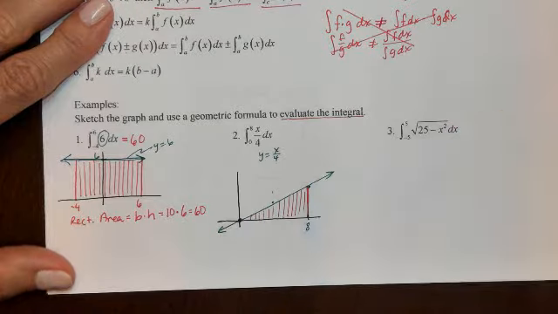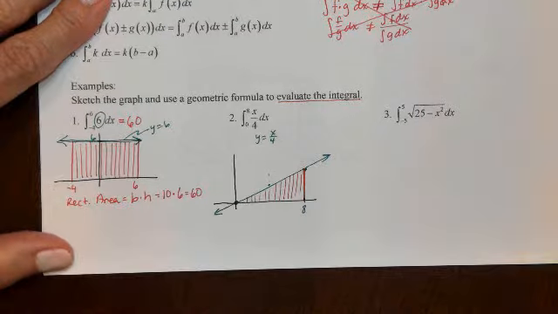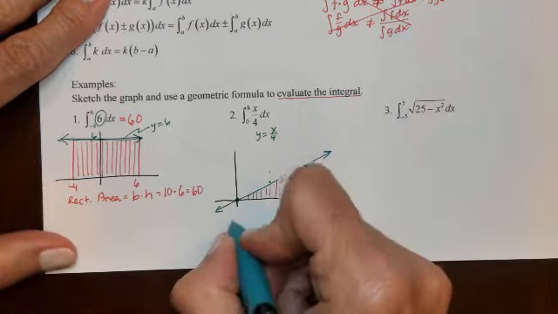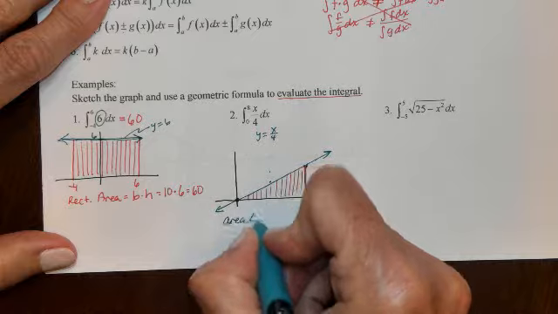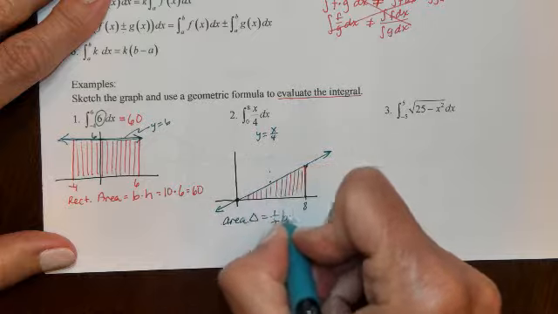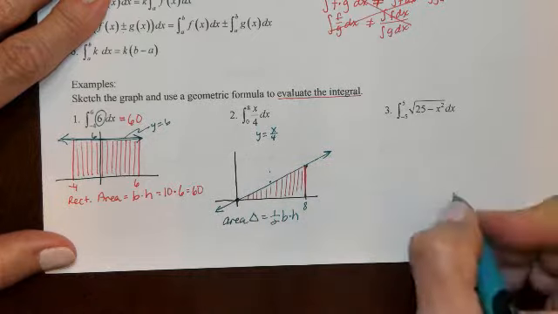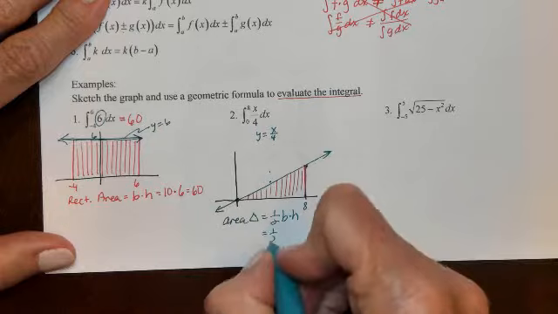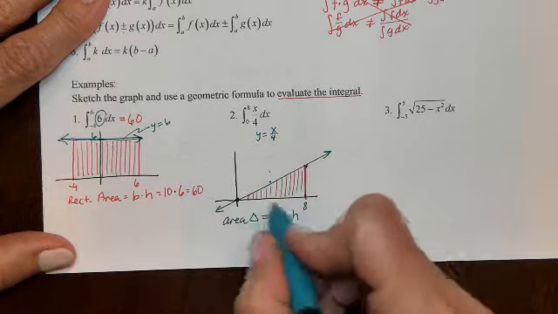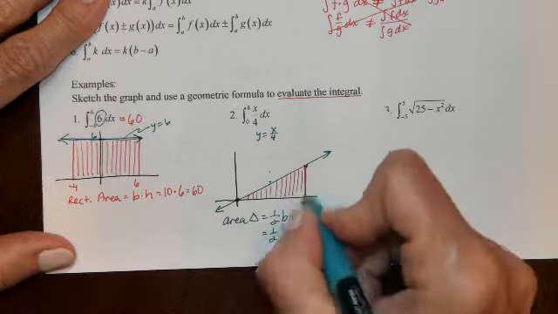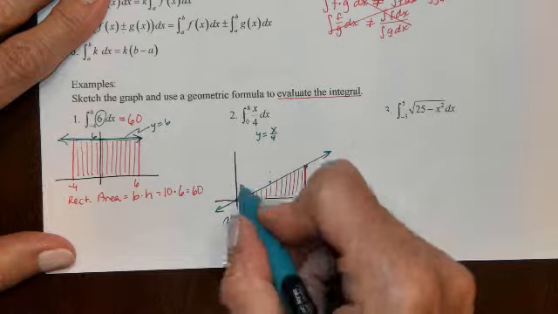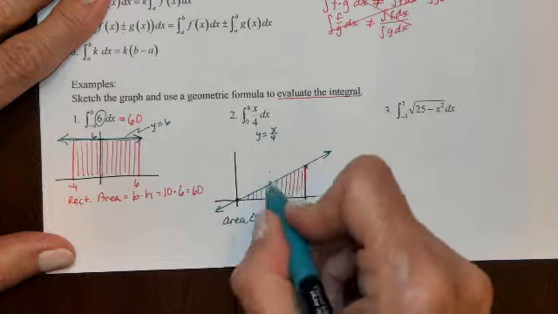Well, that is a triangle, right? And the area of a triangle is 1/2 the base times the height. So our area will be 1/2. The base is 8. The height is 2 because we went up 1 over 4, up 1 over 4, and so on.